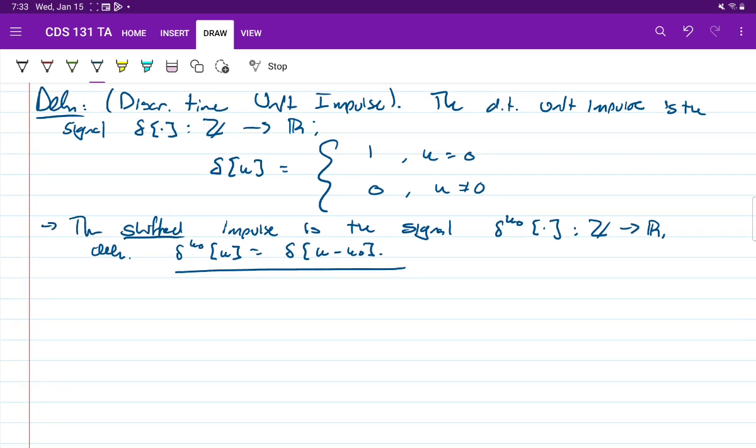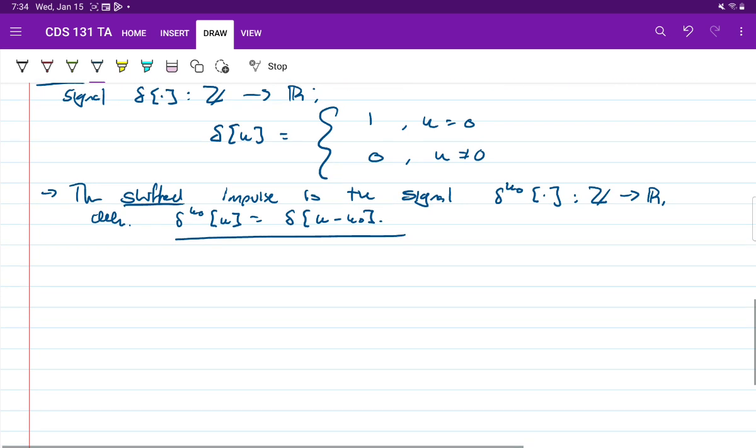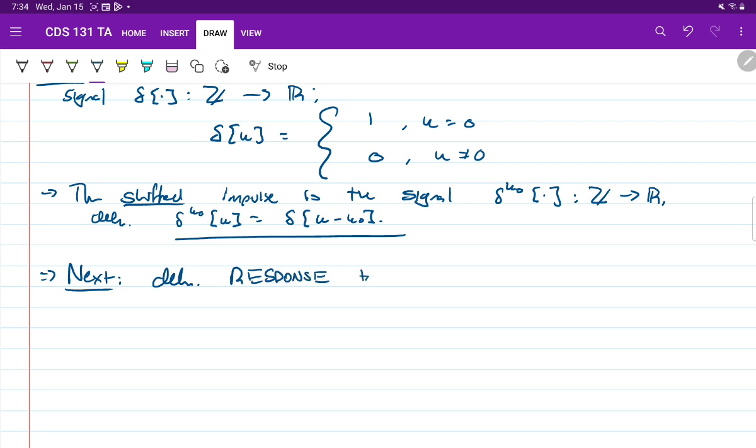Okay, now that we've defined the discrete time unit impulse, we can define the response of the system to that impulse. Next, we will define the response to an impulse. I'll start in the SISO case, and then generalize to MIMO afterwards. That brings me to the following definition, the discrete time impulse response map.